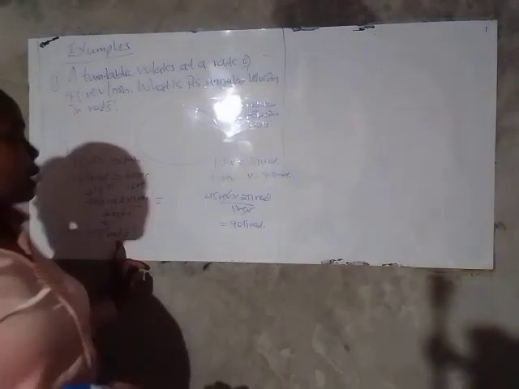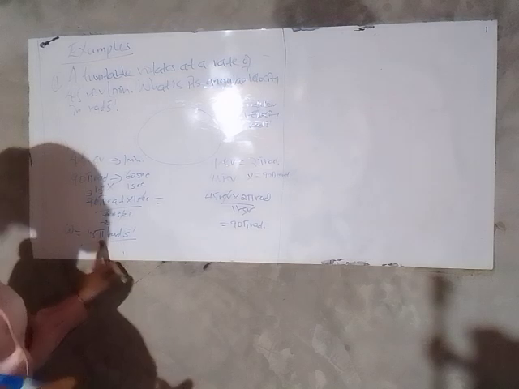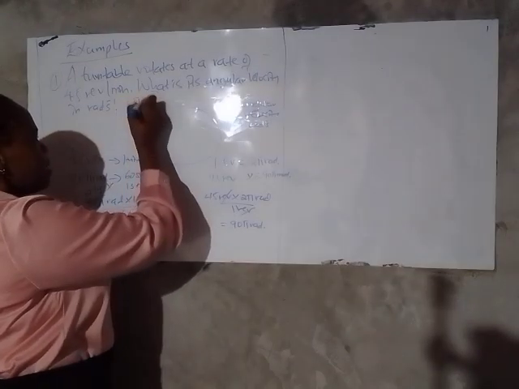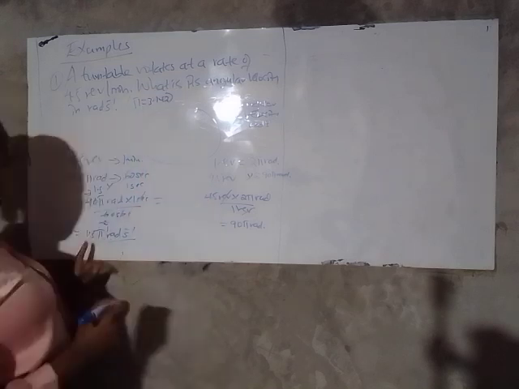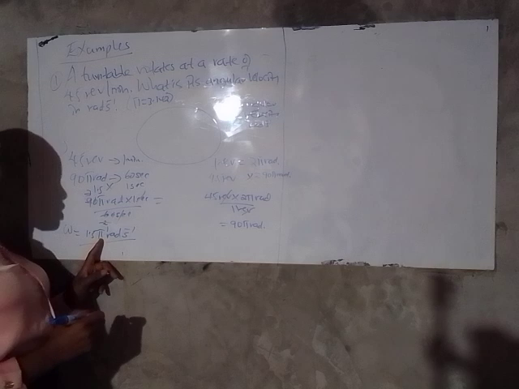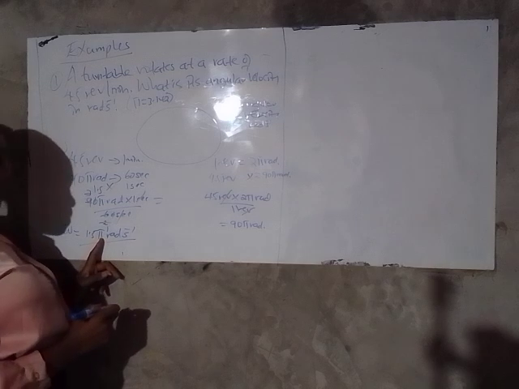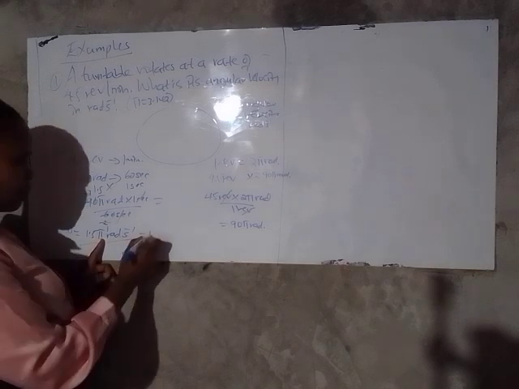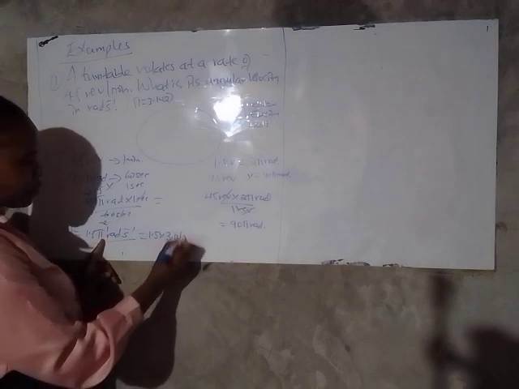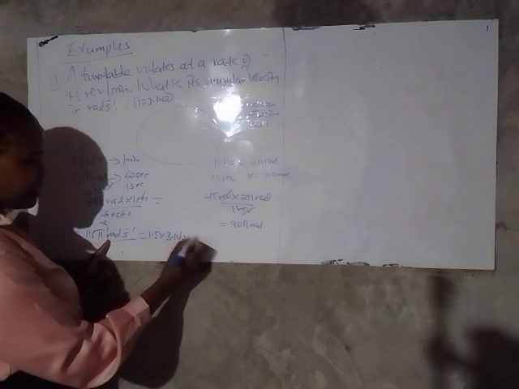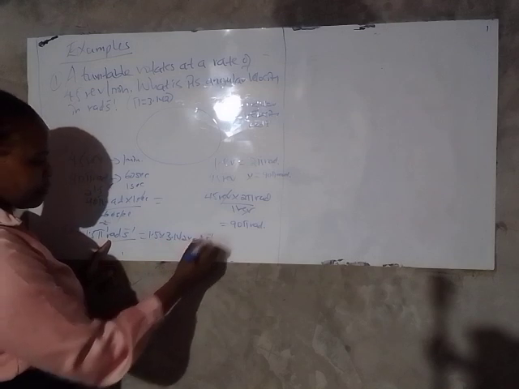If you want, you can convert this pi. You can decide to use, let's say, pi equals 3.142. Instead of pi, you simply put 3.142. That gives you 1.5 times 3.142 radians per second.